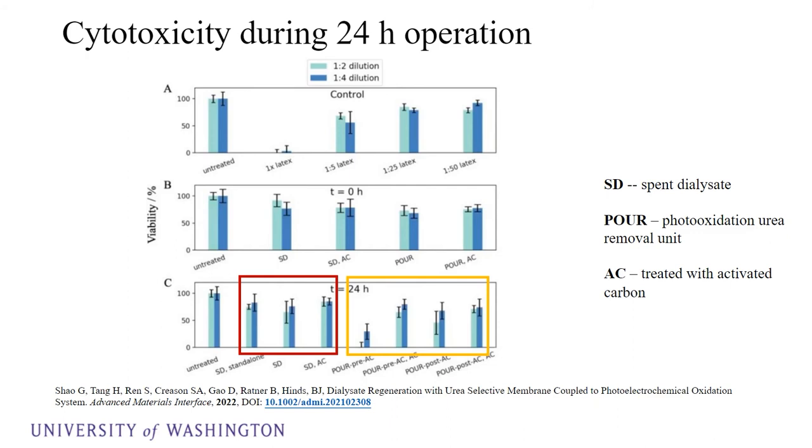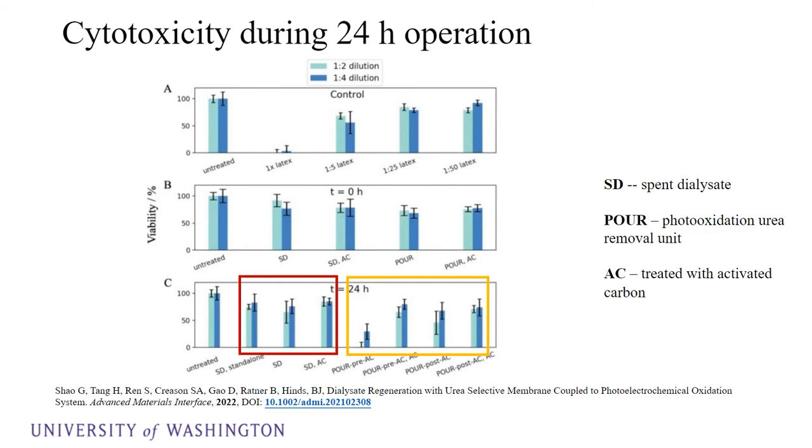First, if we look at the red box in the SP standalone, that's standalone spent dialysate, which was not involved in the 24-hour operation. This is where the cytotoxicity is plotted. Then in the center is the spent dialysate.